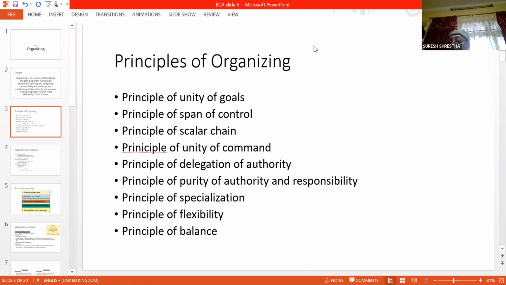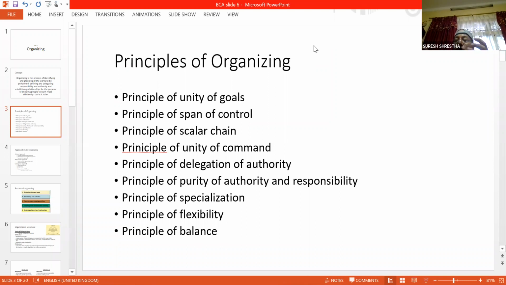So when you have a very wide span of control, you might not have proper control over the people. If you have the right span of control, then the control will be effective. How many people can one supervisor control or supervise? The number of subordinates under you defines whether the span of control is wide or narrow.